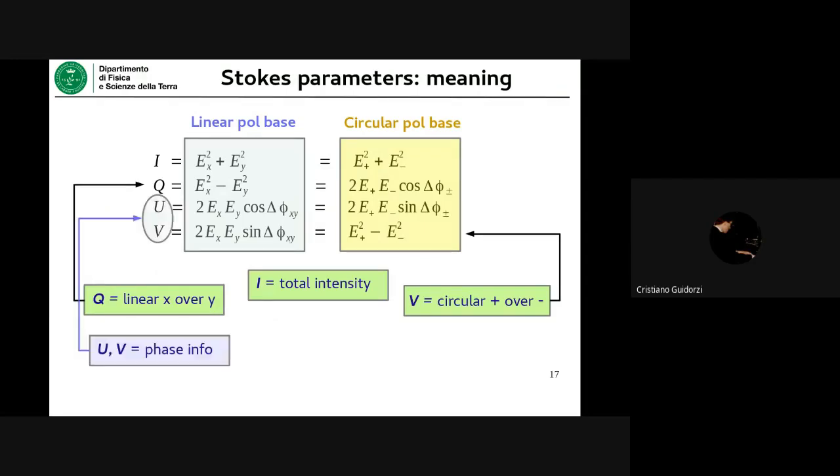Then you have the two parameters U and V, which tell you about the relative phase, and Q and U, the relative phase concerning the circular polarization base. So this scheme summarizes in a quite effective way the relations, the differences, and what is in common between the two ways of considering the four parameters.